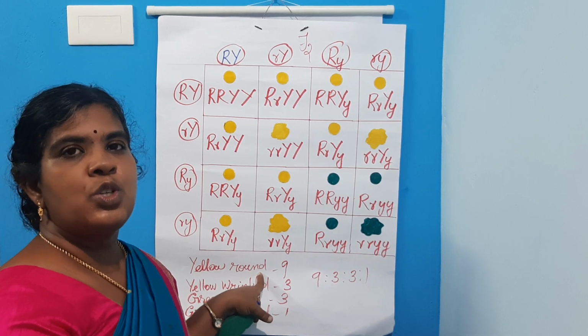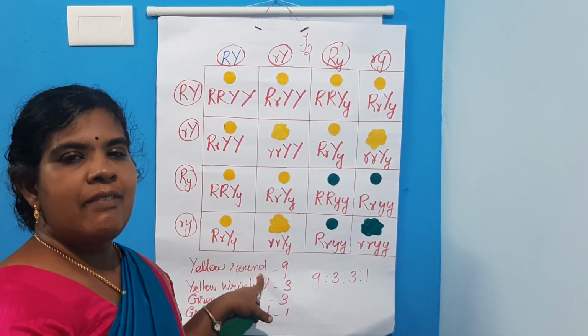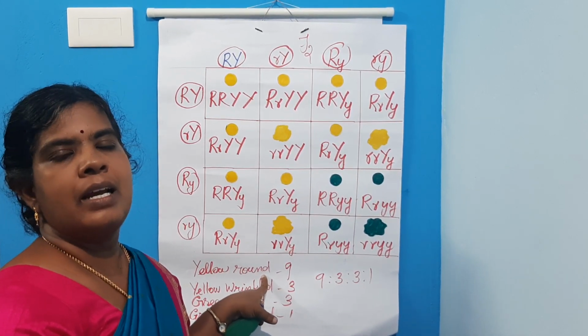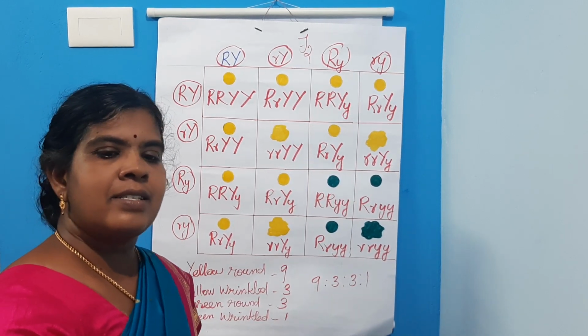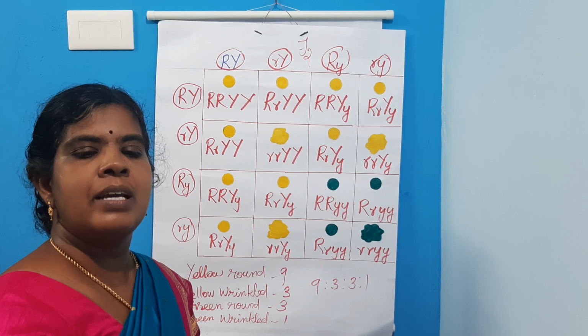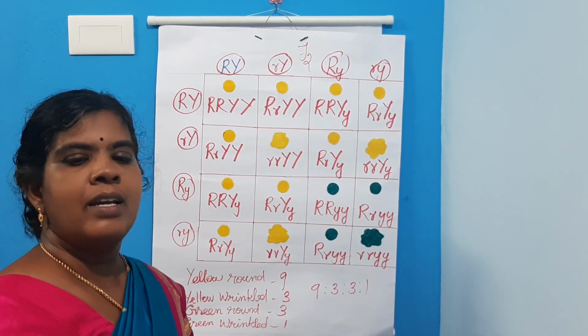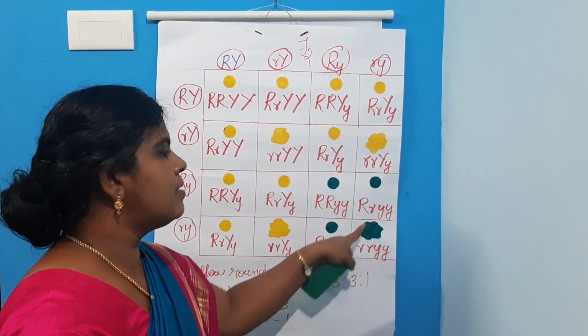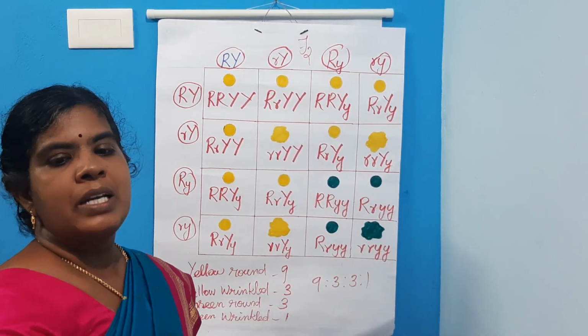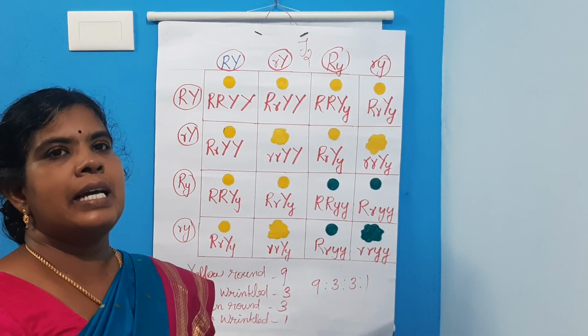So 9 hybrids with 2 dominant traits, 3 with 1 dominant and 1 recessive, another 3 with another dominant and another recessive trait, then only one, this one only, with 2 recessive characters.